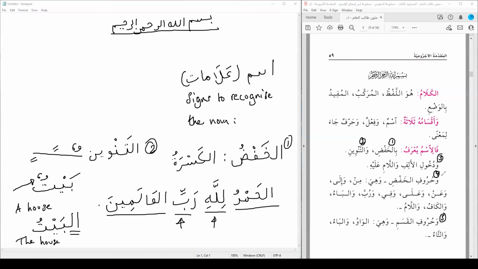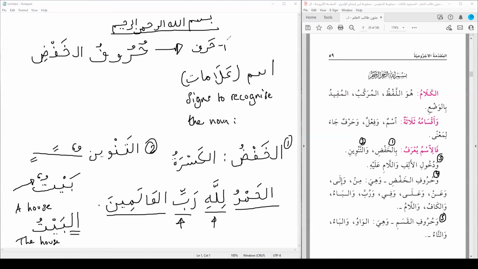The fourth sign given to us to identify the noun is وحروف الخفض وهي من وإلى وعن وعلى وفي ورب والباء والكاف واللام. So what is حروف الخفض? The word huruf is basically the plural of the word harf.